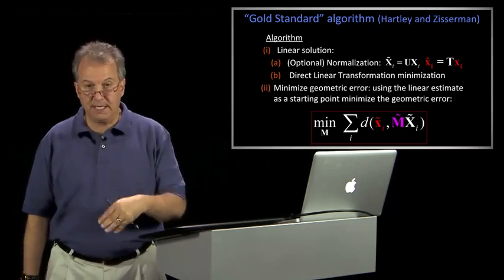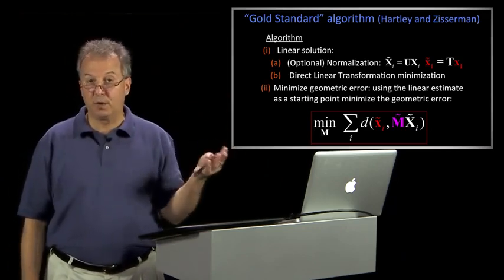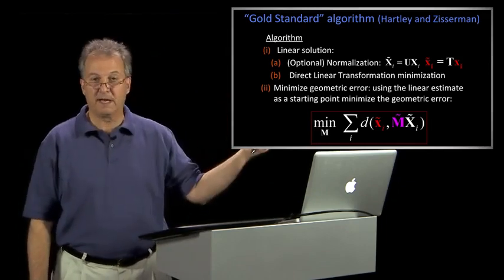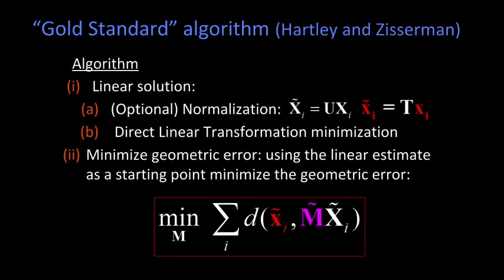Then what you do is you solve the thing I showed you before, the direct linear transformation, using typically the eigenvector approach. That gives you a starting point for the M matrix, which gives you a starting point for your nonlinear function.